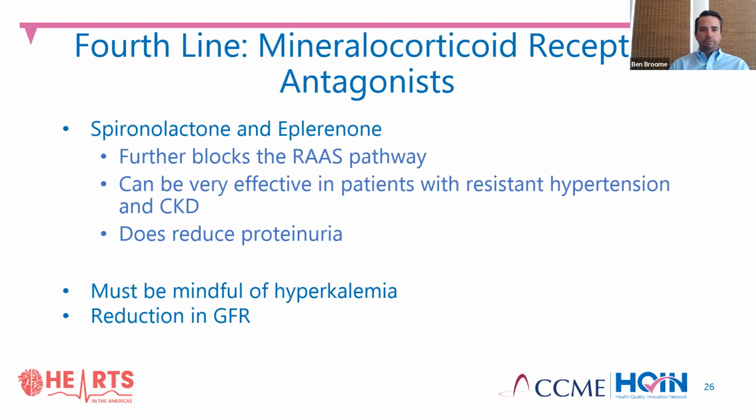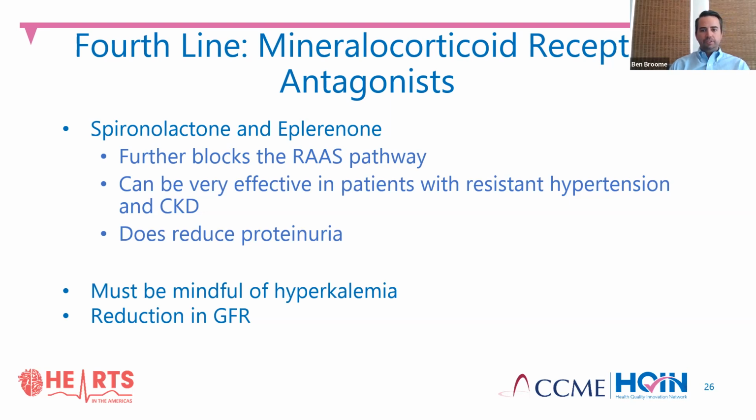And then probably your next fourth line are the MRAs that we discussed, spironolactone, eplerenone. I find these to be extremely beneficial in patients who have very resistant hypertension. Because of their effect on the RAS pathway, they will further reduce proteinuria.